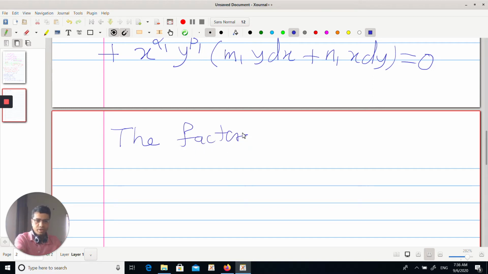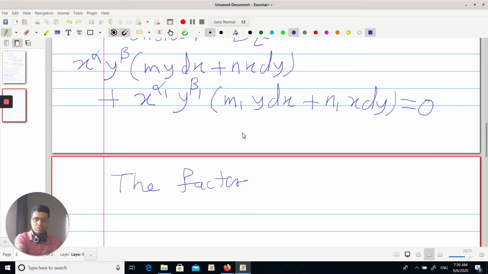So for the first part, we will have x raised to km minus 1 minus alpha, y raised to kn minus 1 minus beta.